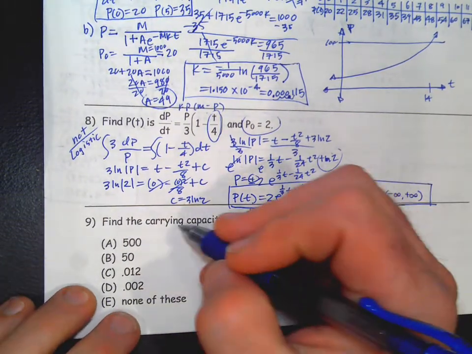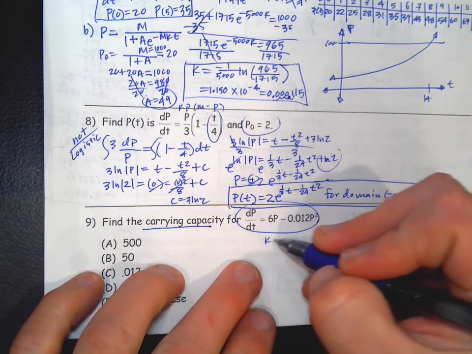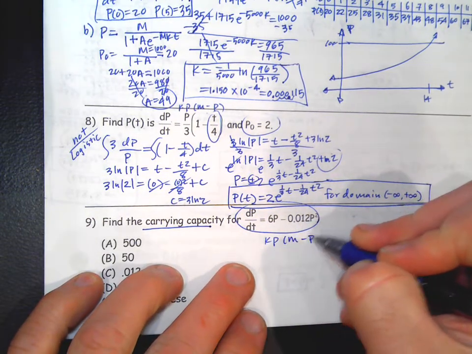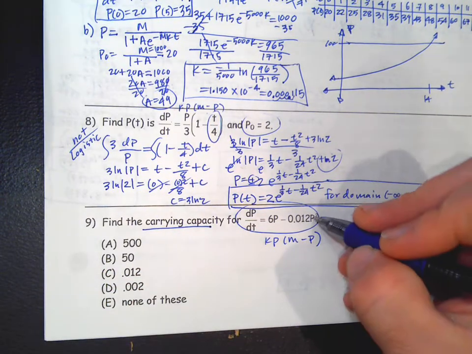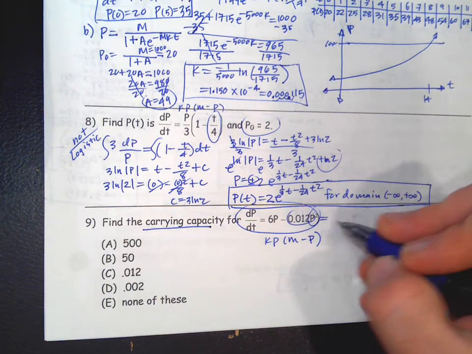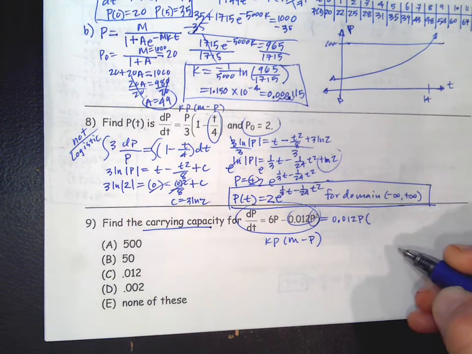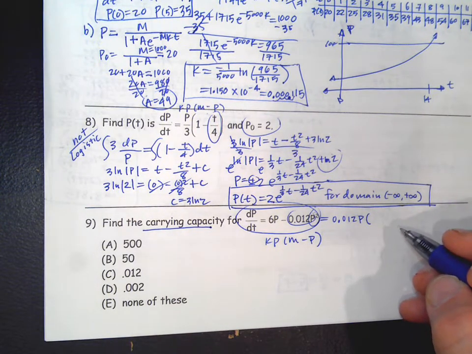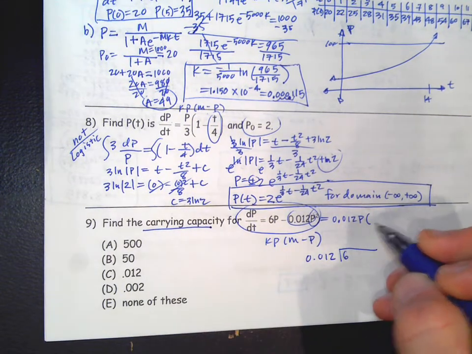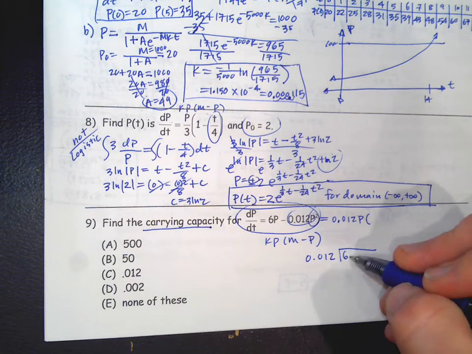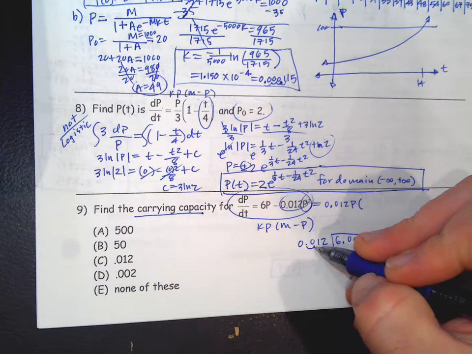Carrying capacity. So find the carrying capacity. Oh, this should be a nice one. We want to get KP(M minus P). So we need a single P here. So we've got to factor that out. It's going to be 0.012 P. And then what is 6 divided by 0.012? Well, let's see. I'm trying to pull this off without a calculator. So I'm going to move this over 1, 2, 3 spots.